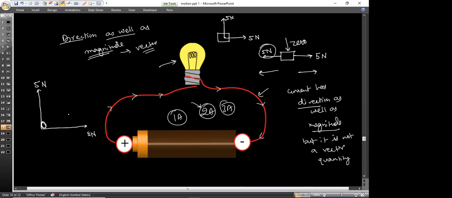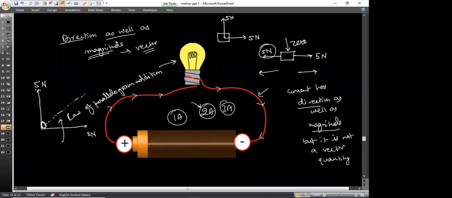In the slant direction, yes. This is called the law of parallelogram addition. If we exert a force of 5 Newton in this direction and 5 Newton in this direction, the net resulting force will be in this direction.